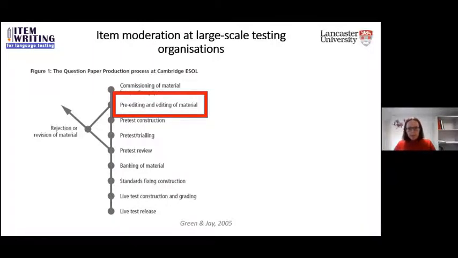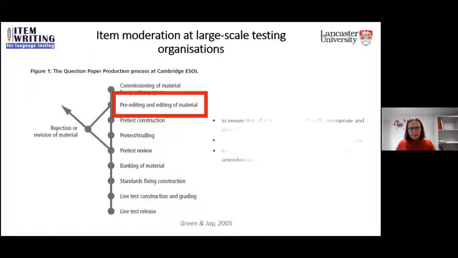Importantly, at this stage, if they decide that the items are to be returned to item writers for revision, then they give item writers guidance on how they want the items to be revised. If they decide to reject the items at this stage, then they provide feedback on why the items were rejected.